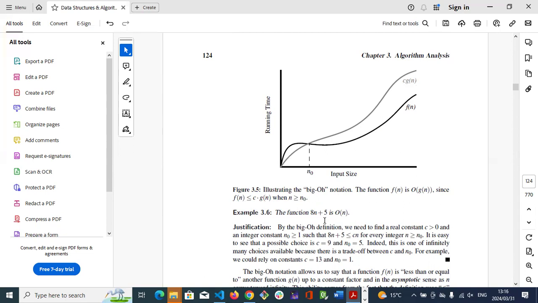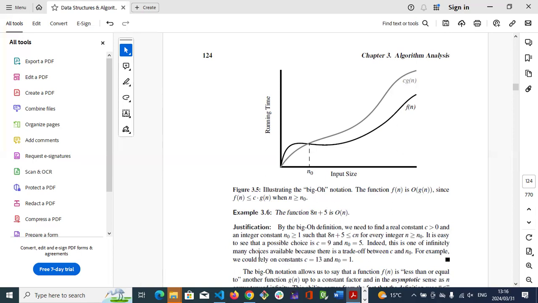The function 8n plus 5 is Big O of n. To justify that by the definition, we need to find a real constant c greater than 0 and an integer constant n sub 0 greater than or equal to 1, such that 8n plus 5 is less than or equal to c times n for every integer n greater than or equal to n sub 0.